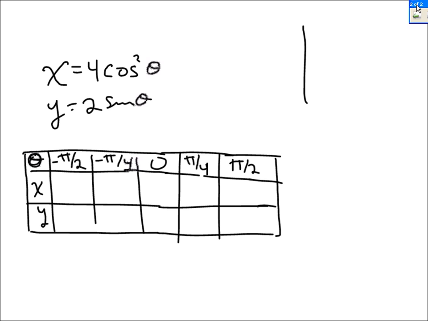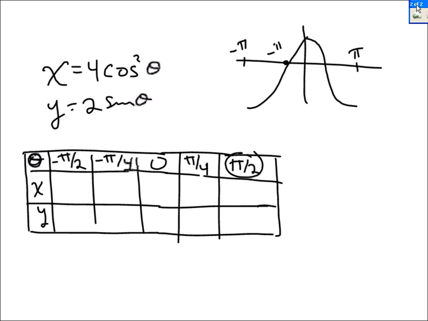Why don't we have the sine and cosine graph in front of us? And I'll just go out to pi because we're only going up to half of pi. And here's negative pi. So there's negative pi over 2. And right here is positive pi over 2. And we'll do a similar thing for the sine graph.